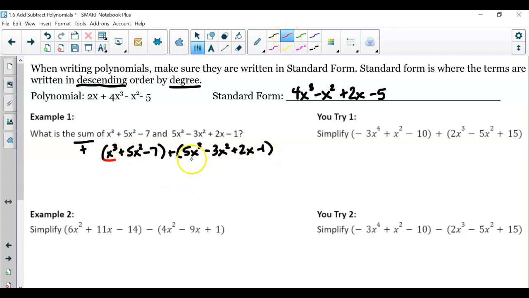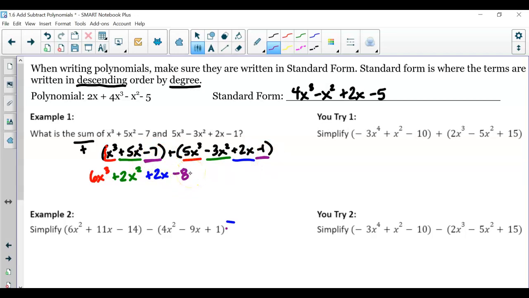So here we have x cubed plus 5x cubed, which is now 6x cubed, right? Because remember, we have that coefficient of 1 here. Then now we have 5x squared minus 3x squared, which is now positive 2x squared. Now we do have an x term here, but do we have anything else to combine it with? No. So just bring down 2x and then last combine the constants of -7 and -1, leaving you with -8.